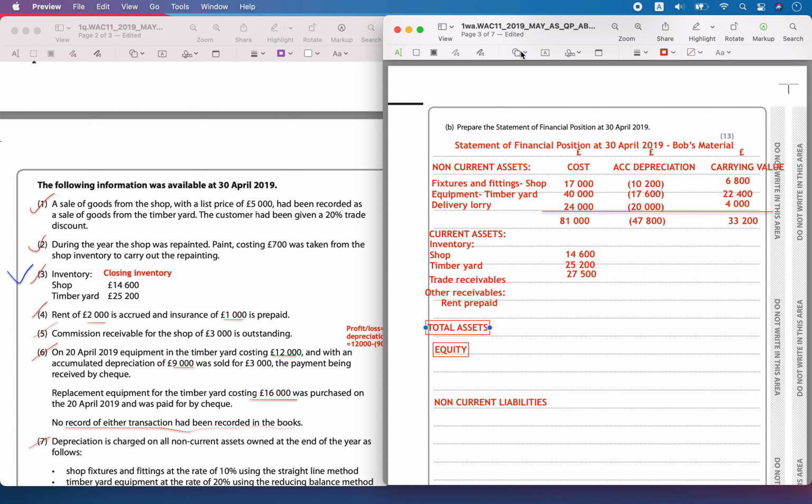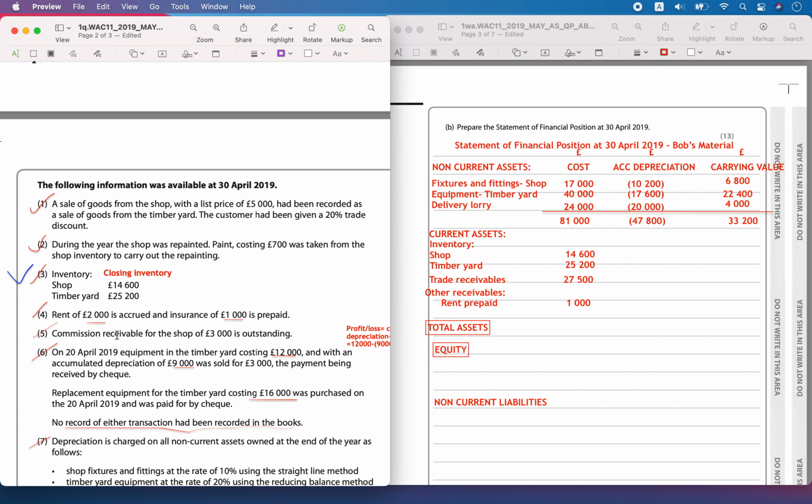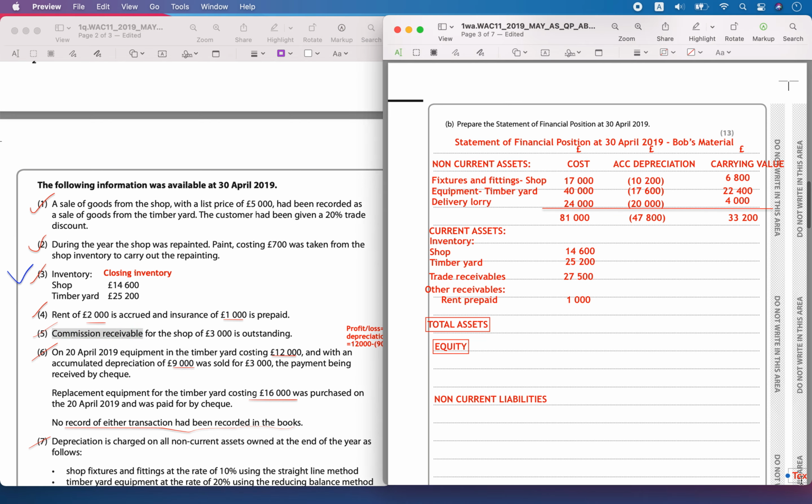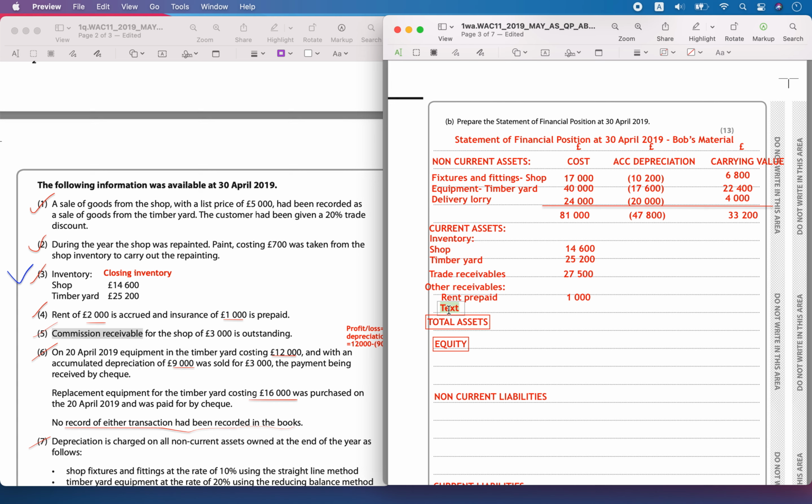So the rent prepaid was £1,000. It becomes like an income, so the rent prepaid becomes other receivables. Then you have commission receivable, £3,000 was outstanding. This is also yet to come this year only, so it also becomes other receivables.